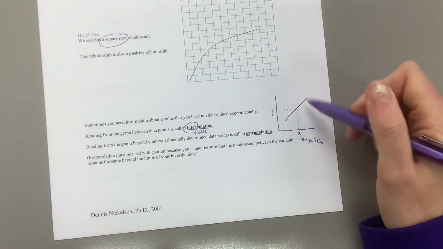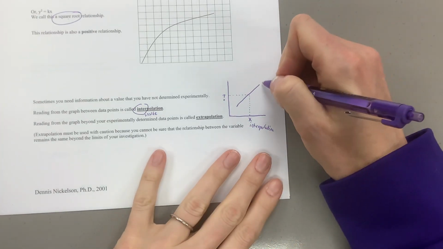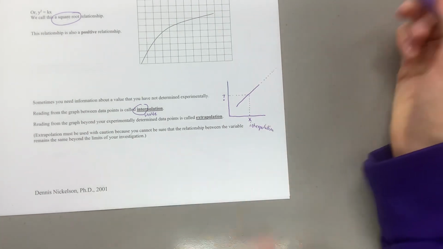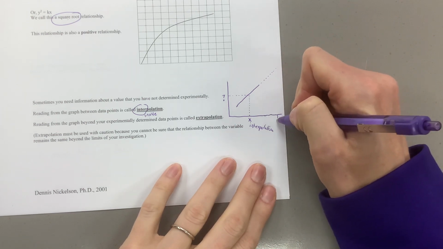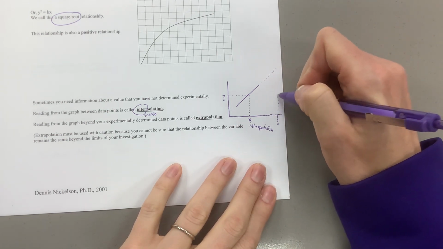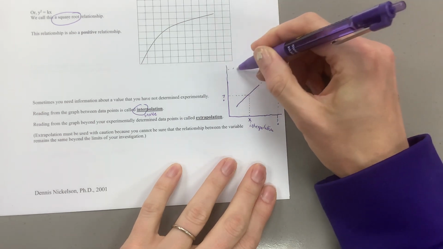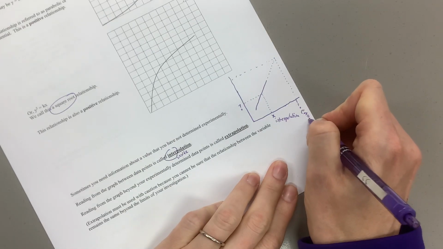Sometimes I feel like a picture helps me understand things a little bit better. If on the other side I have to expand my data, so my line looks like it's going to keep doing this. So if I want to know what's going to happen way over here, and I have to extend my line out to see where that's going to be, I have just extrapolated. Okay, so this would be extrapolation.